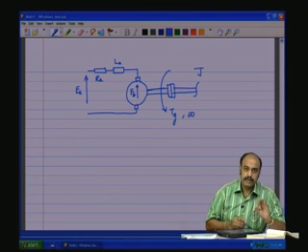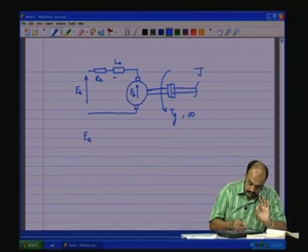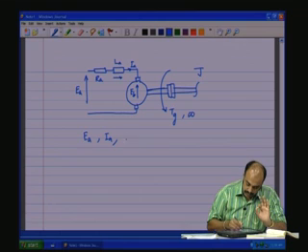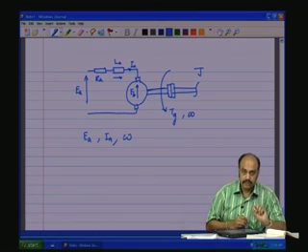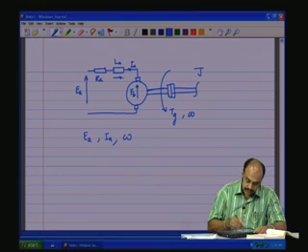Now, to get the state space model, I have to express it only in terms of EA. There is an IA which is flowing in, and another state variable omega, just like in the case of a DC generator. So, we have the equations here.